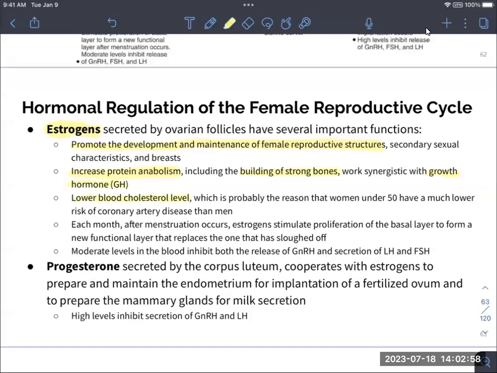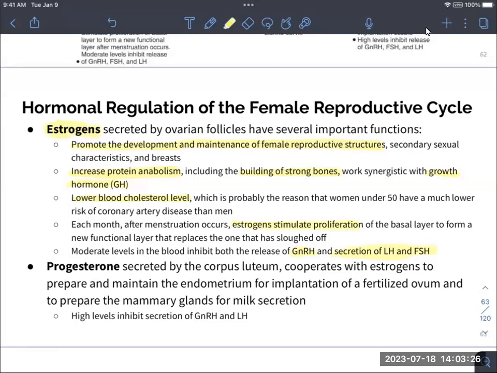Each month when menstruation occurs, estrogens will cause that proliferation to form a new layer of that uterus. And then levels in the blood will inhibit the release of gonadotropin releasing hormone and the secretion of luteinizing hormone and follicle stimulating hormone.